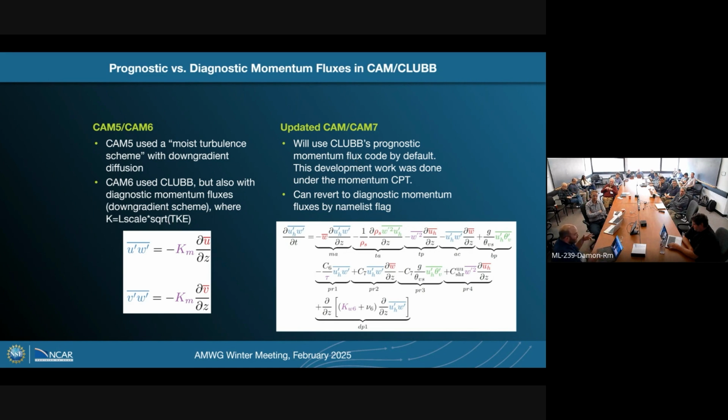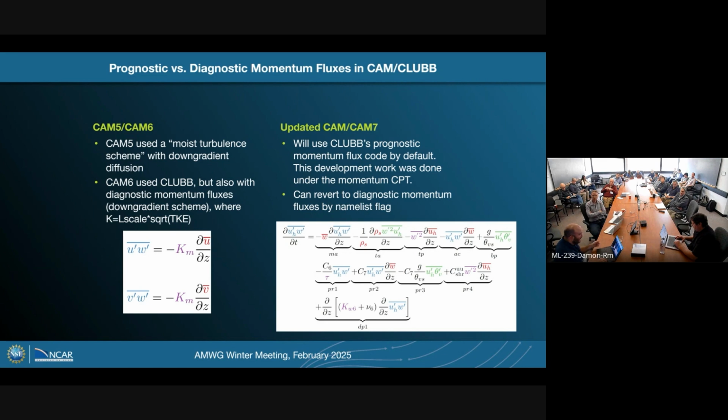The major goal of the Momentum CPT, the climate process team project that I've been funded under, has been to turn on these prognostic momentum fluxes, this code in CLUBB, and test it and tune it and see how it works. Almost all of my work has been in 1 degree simulations, but this is how the equation looks now.